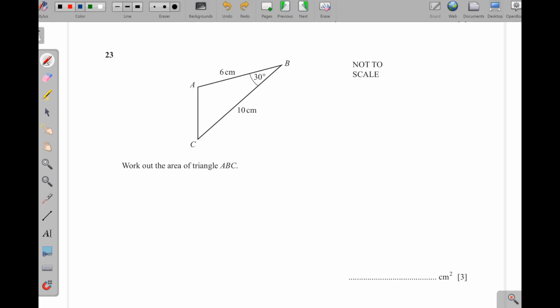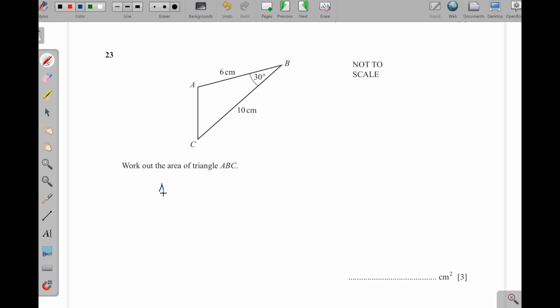Then question 23, work out the area of a triangle. Now, for a triangle which is not right angled, to get the area, it is 1/2 ab sine c. In other words, you get 1/2 times this side, times this side, and then they included what? Angle. You see that?